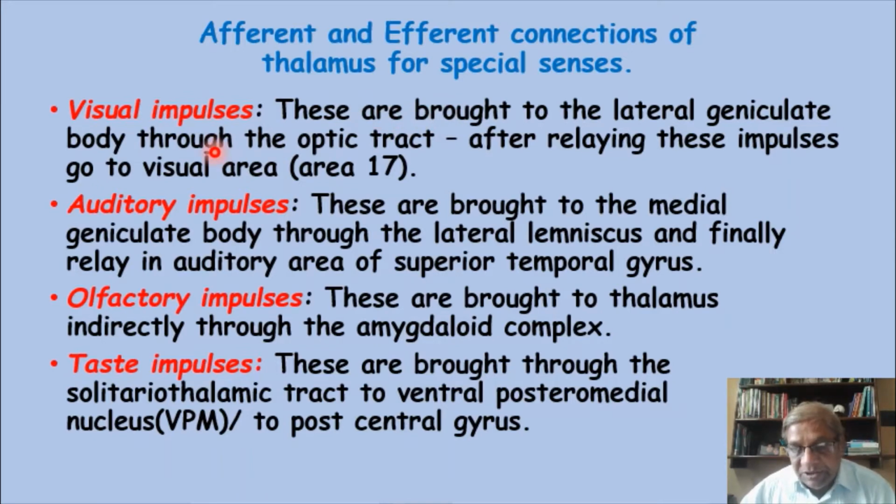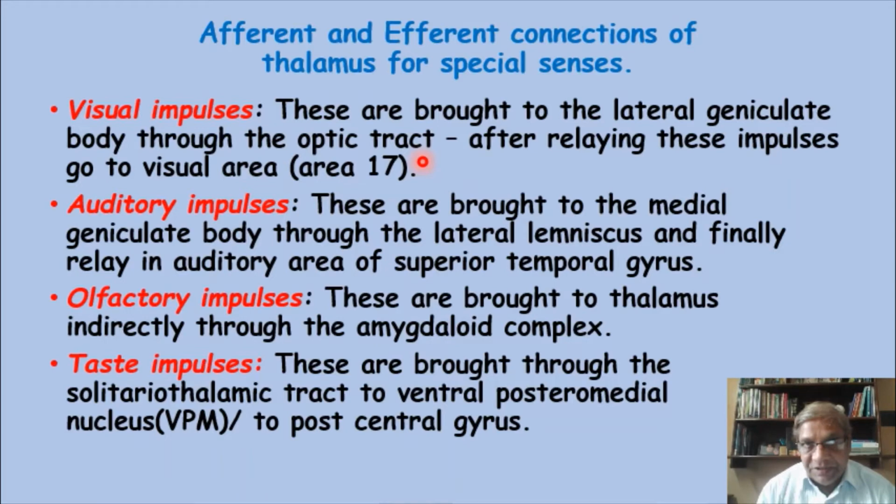Thus the lateral geniculate body is part of the thalamus, and after relaying here, the efferent fibers go through the optic radiation, not the optic tract but the optic radiation, into the visual cortex, area number 17.